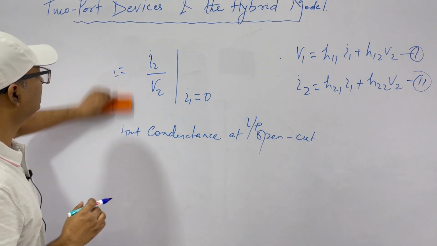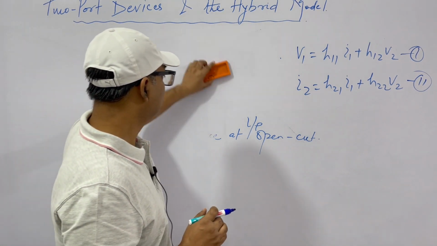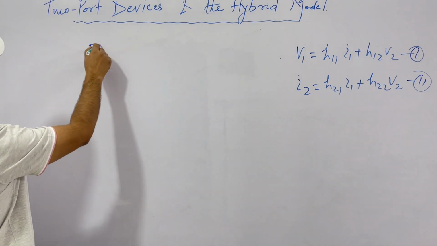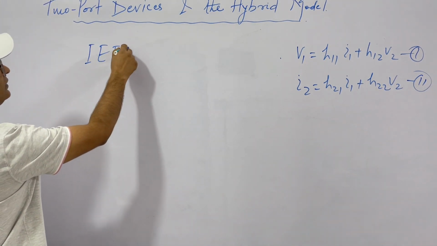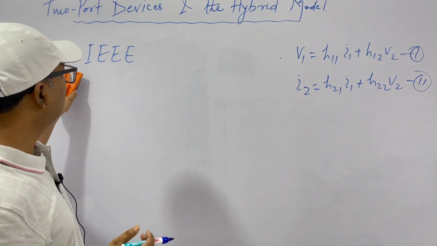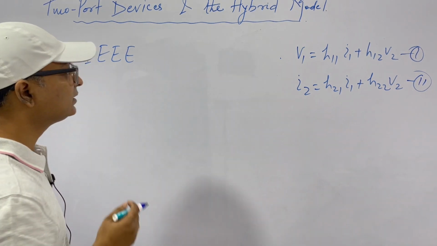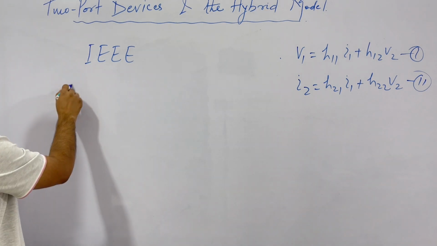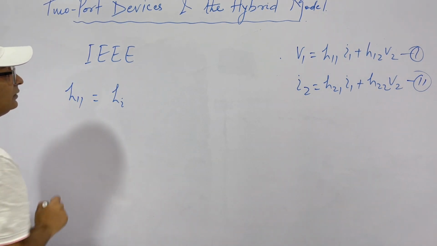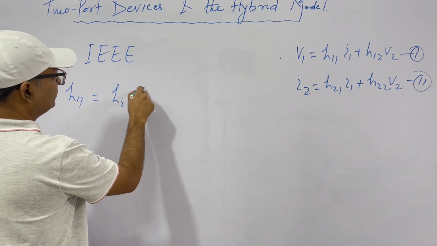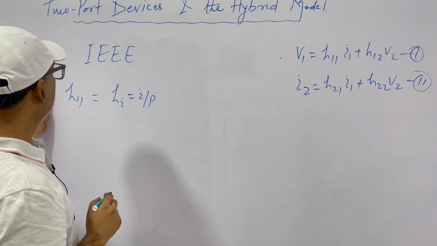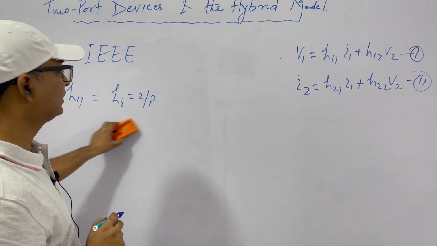Now let's understand one more thing. You must have heard of IEEE. This is the institution that gives standards, the nomenclature for different aspects of electronics and electrical engineering. It defines H11 as HI, the input. Clear?